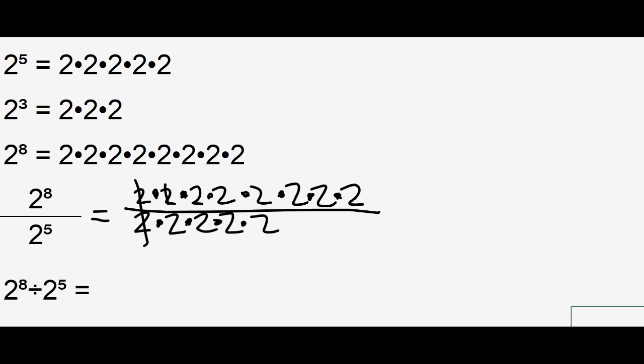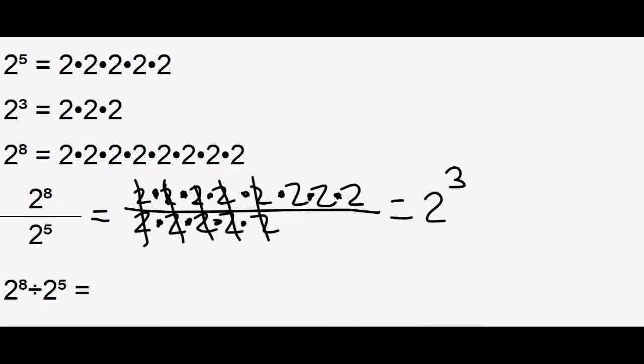So if I multiply 8 2's, I divide by a 2, I divide by 2 2's, I divide by 3 2's, I divide by 4 2's, I divide by 5 2's, I end up with 2 to the third power.